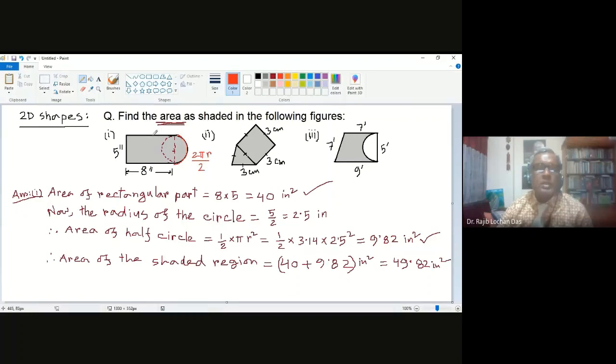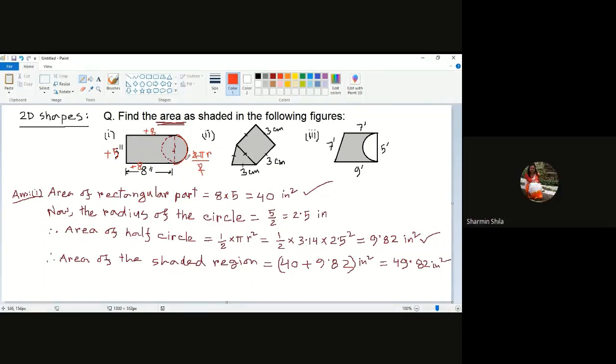And then this part is what? 8. So you will write plus 8, and this part is 5. So you will write plus 5, and the lower part is another 8. So you will write plus 8. That's it. So 8 plus 5 plus 8 plus pi r. That will be the perimeter.